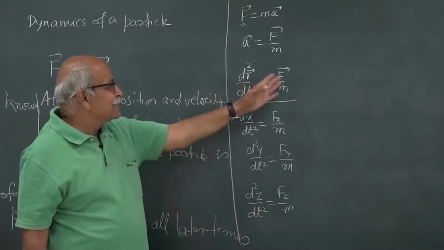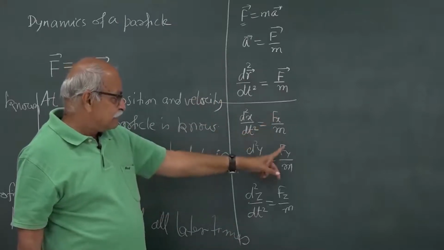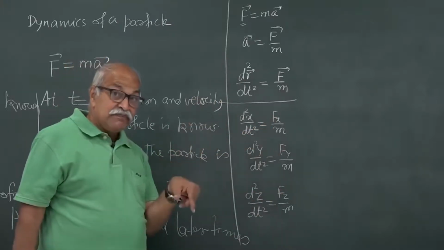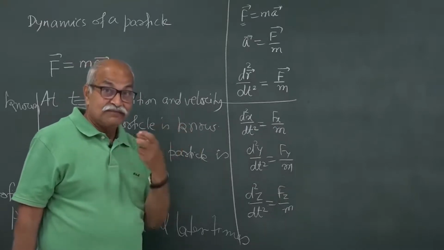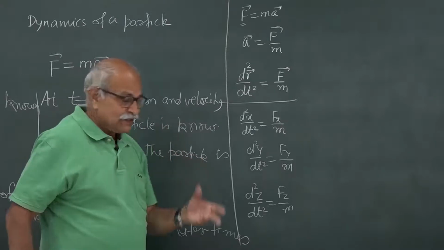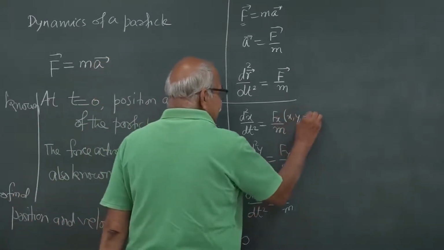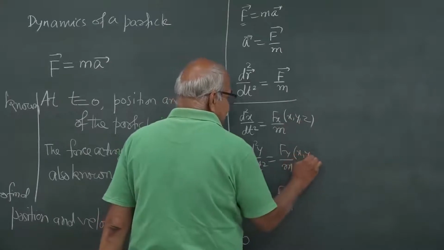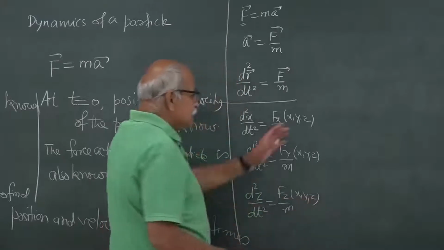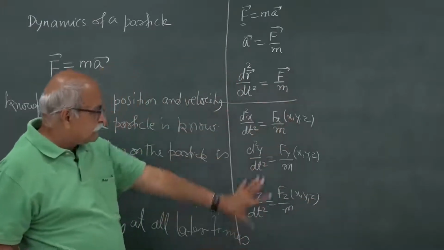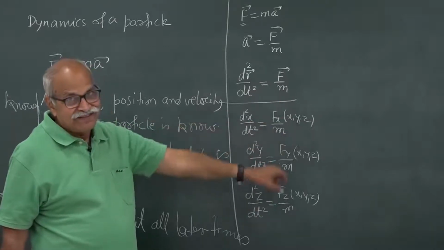So, this vector equation is a combination of three equations, and each of these Fx, Fy, Fz can be a function of space point or a function of time, or both. So, this may be some function of x, y, z, and can also be time, but we will first deal with the forces which depend on the position of the particle.